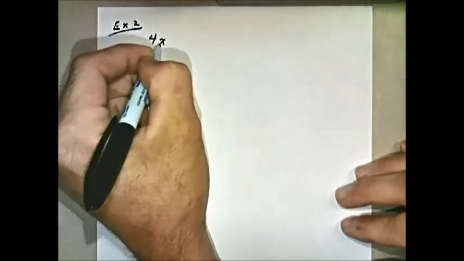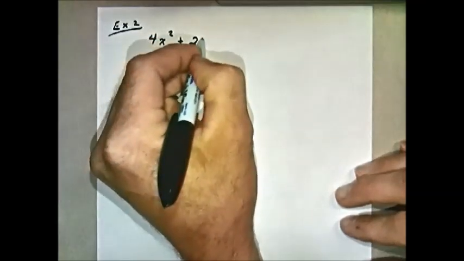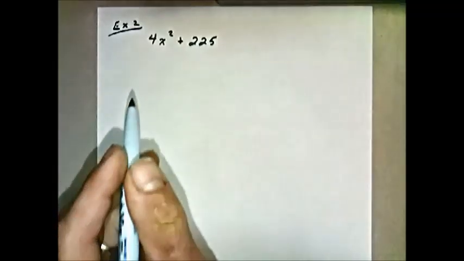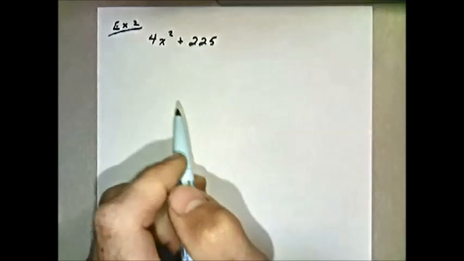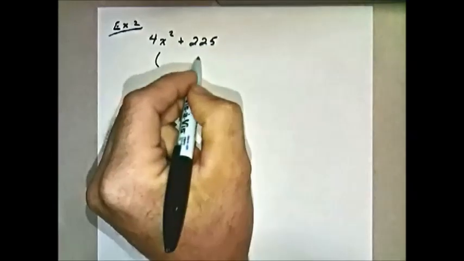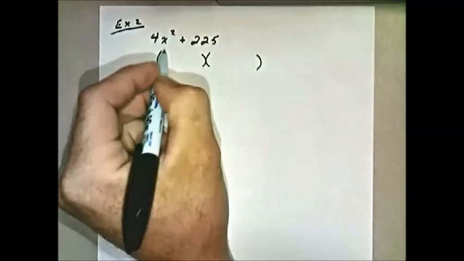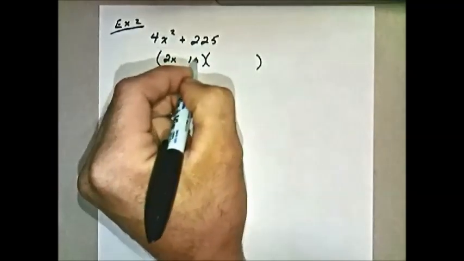Let's start with 4x squared plus 225. The only reason this is a little more complex is because our numbers are a little larger and we have a leading coefficient with our x squared. But we're going to work this the same way. The square root of 4x squared is 2x, and the square root of 225 is 15.